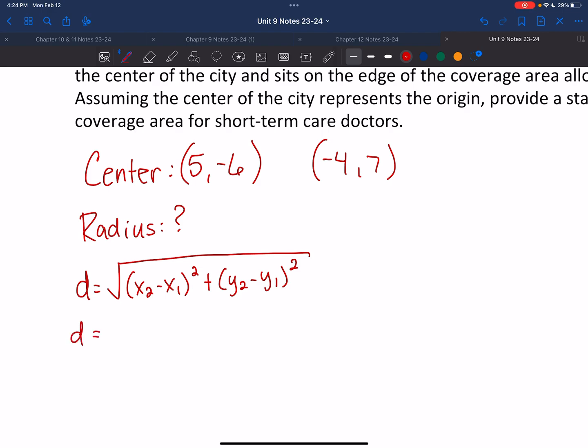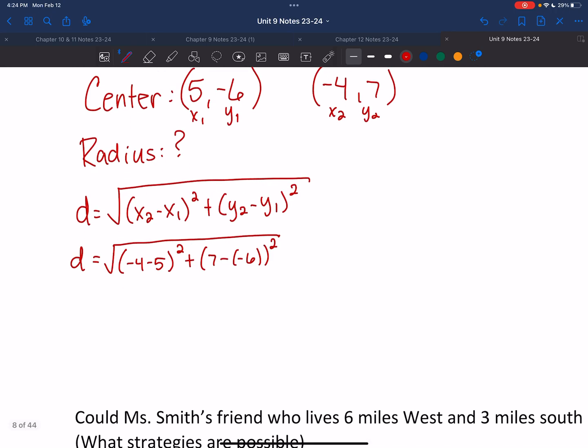So if I plug all of these numbers in, I'm going to have -4 minus 5 squared plus 7 minus -6 squared. And so -4 minus 5 is -9 squared, plus 7 minus a -6. That's really saying 7 plus 6, so that's going to be 13 squared.